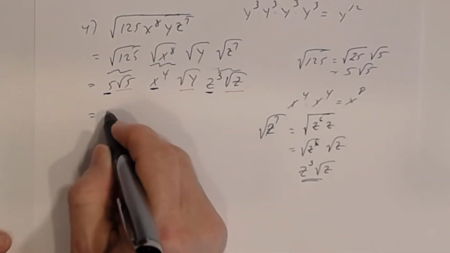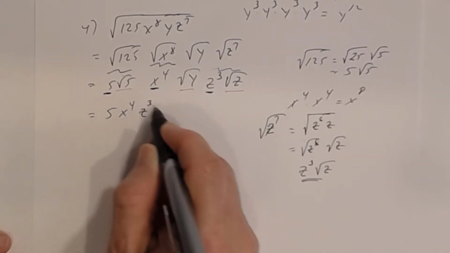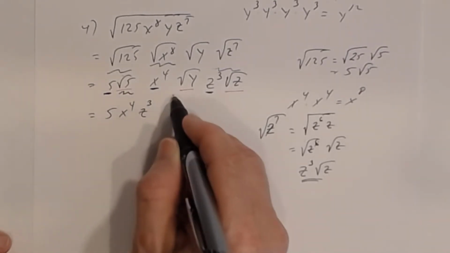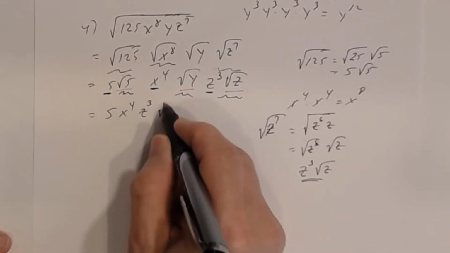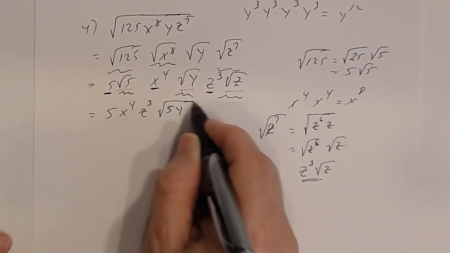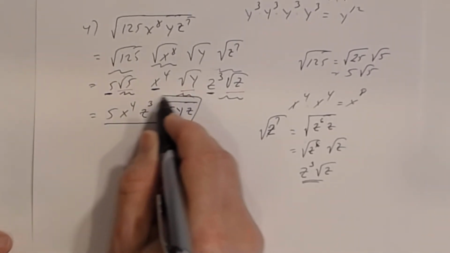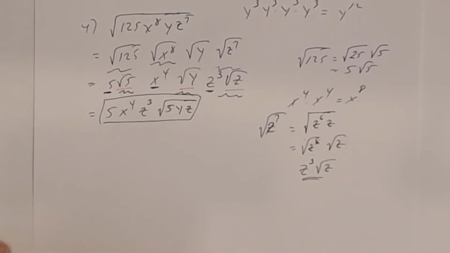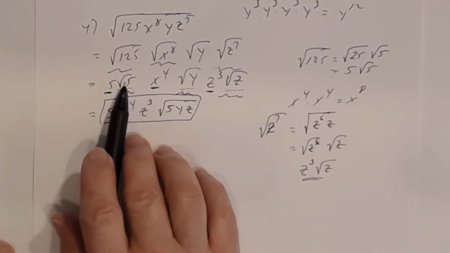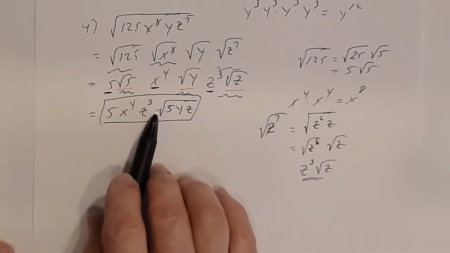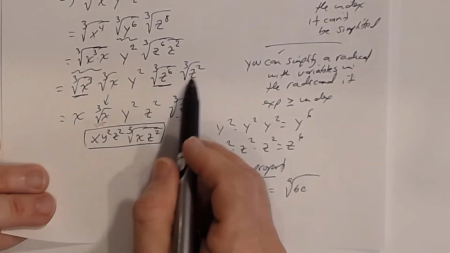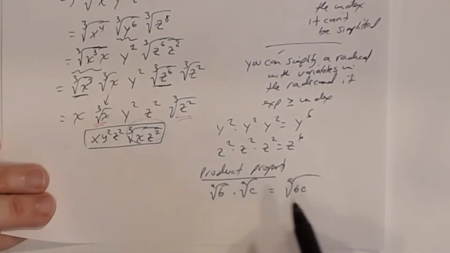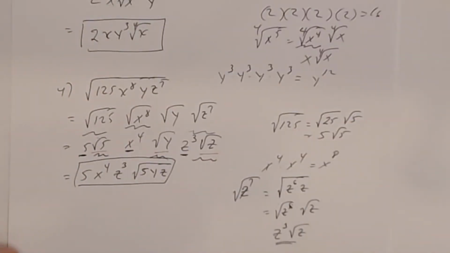I'm going to put that in front: 5 x to the 4th, z cubed. And then I'm going to put these under one square root because they're all square roots. So that's going to be the square root of 5yz. And that's your answer. It's important you remember that square root, square root, square root, write it as one square root. Just like over here where we had cube roots, we wrote it as one cube root. Okay? All right, so that's number 4.